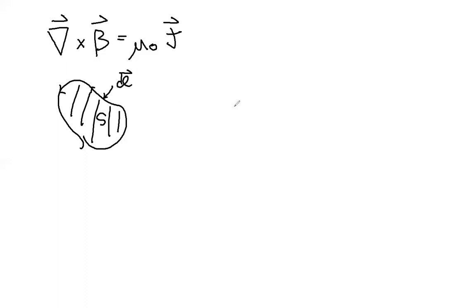Okay. Now, if we integrate both sides of this equation over that surface, we get del cross B, and we have to take the component of that through a surface, because the surface has surface normals on. So we have to dot that into the surface normal, and we have to be careful about our parentheses here. So, and then we integrate that over the 2 dimensions of this thing.